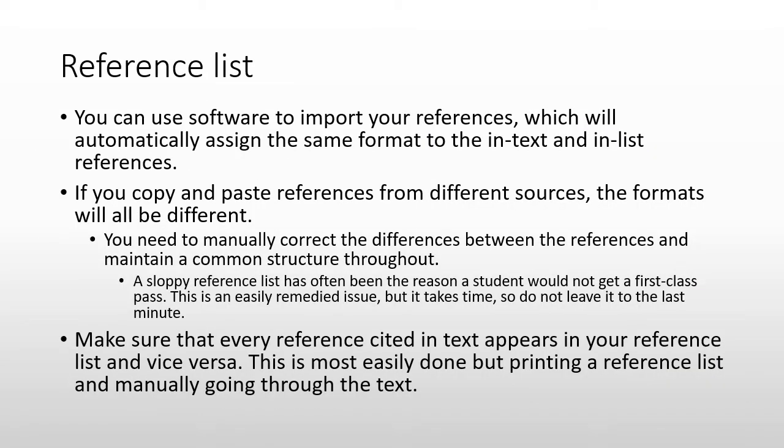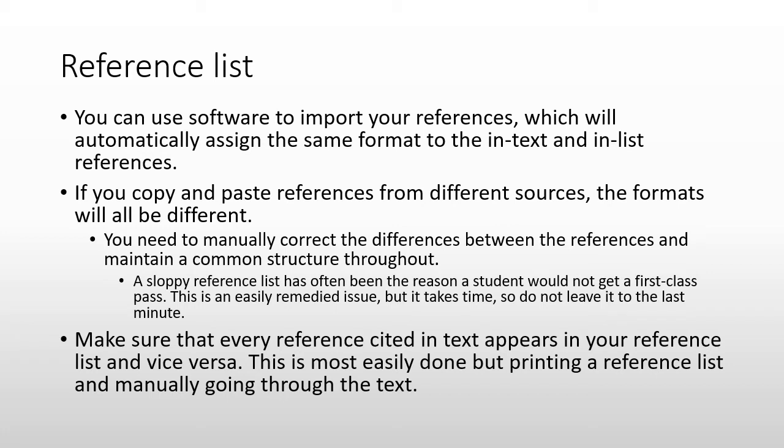So everything we've spoken about up until now has been in-text referencing, which means the text that you have throughout your dissertation. At the end of your thesis or your dissertation or your essay, you will have a reference list. What this list entails is that every single citation from your text must be elaborated on in the list.